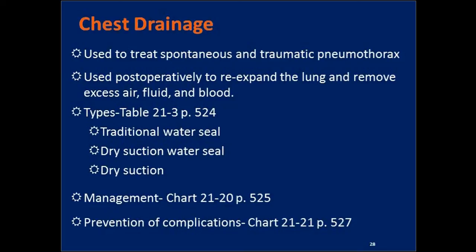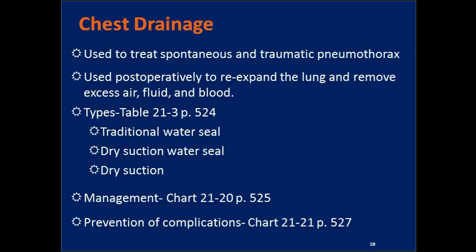Okay? So all 3 types have a suction source. There's got to be some way to hook them up to suction. All of them have a collection chamber to collect the air that is escaping or fluid that is being drained. And then they all have a seal chamber or some way to prevent air from backflowing into the chest. Okay?